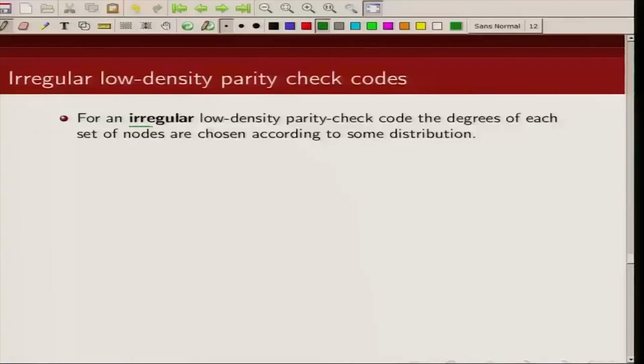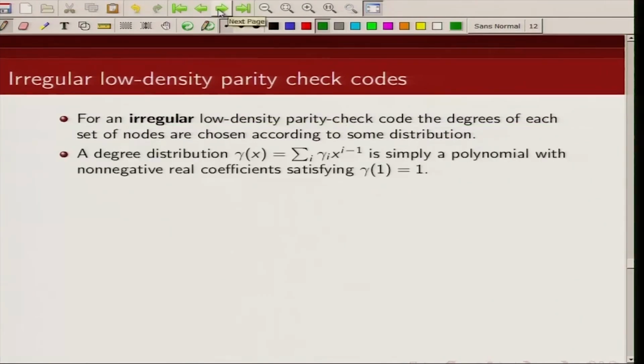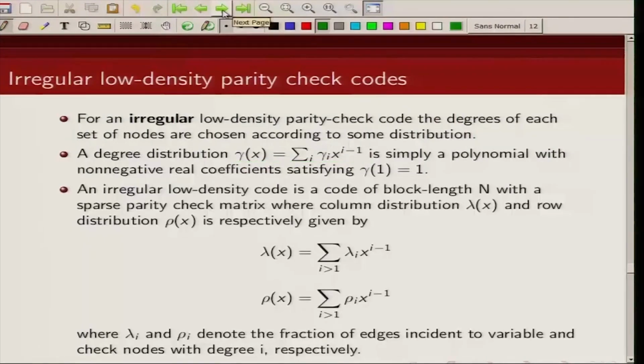So, for an irregular LDPC code, we define the distribution of column nodes as well as row nodes according to some distribution. So, what is the degree distribution? We define the degree distribution by this polynomial, which has a property that gamma 1 is basically 1.